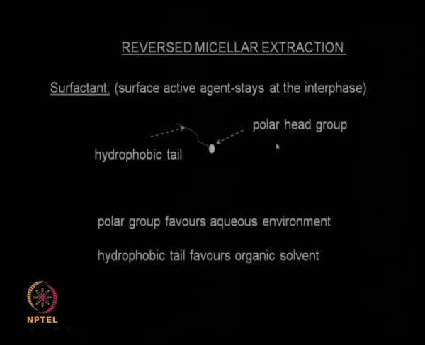So if you have an organic solvent and water and you put in surfactant, the polar head group will always go towards the water layer, whereas the hydrophobic tail, as we call it because it is a long chain hydrocarbon, will always go to the organic layer. That is how a surfactant partitions at the interface.